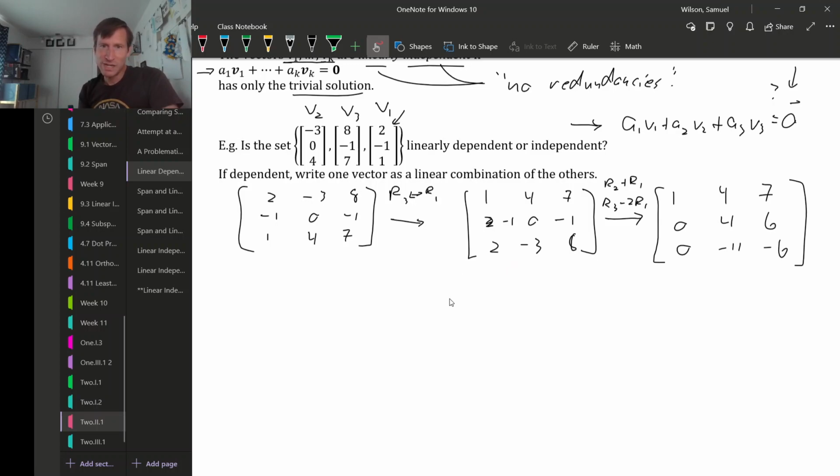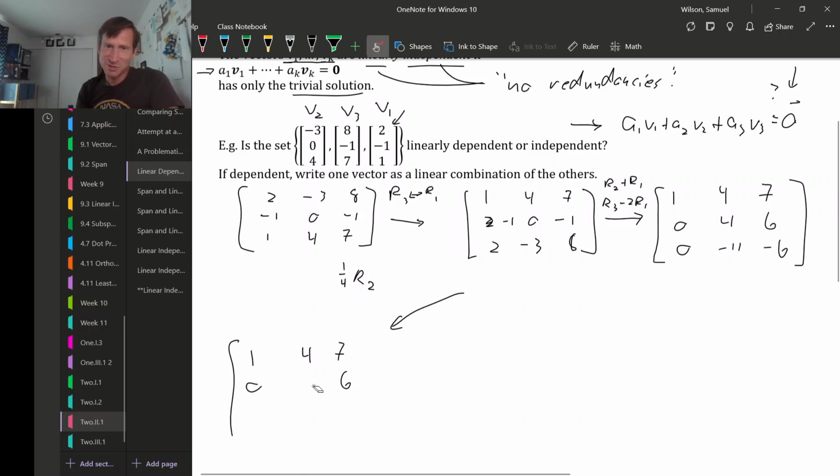Now let's divide row 2 by 4. That gives us 1, 4, 7, 0, and then 1 and 3 halves. While we're at it, let's stick a minus sign on row 3, so that flips these to pluses, so 11 and 6.